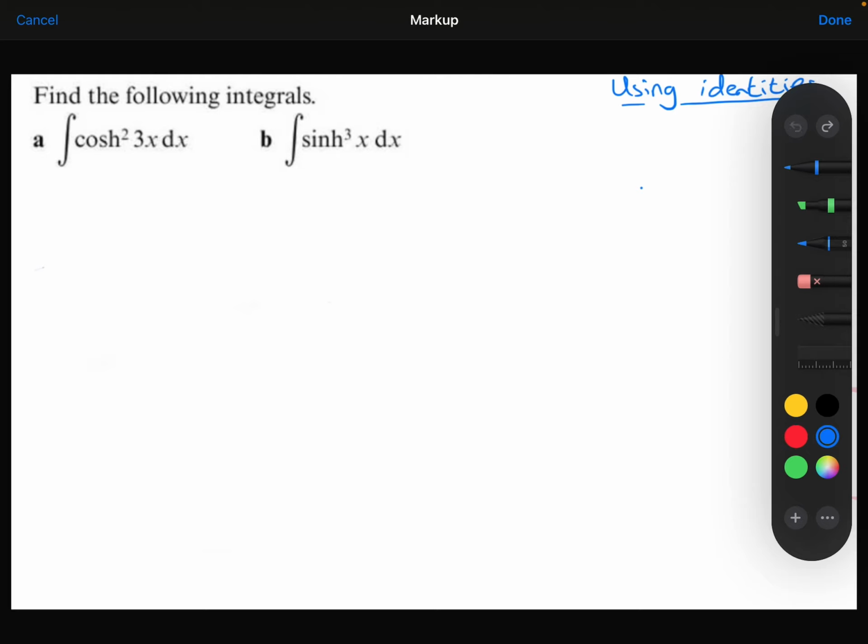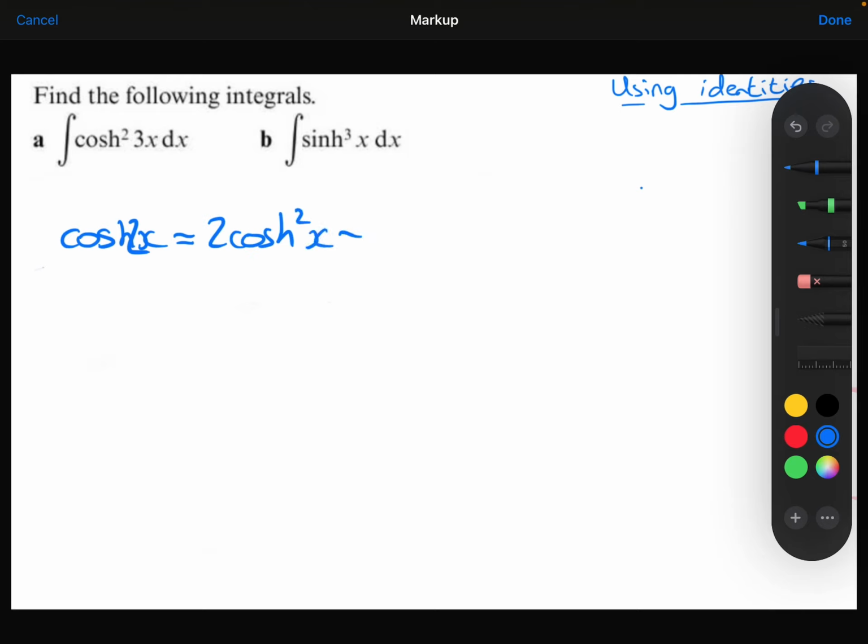If I want to integrate cosh squared, I'm going to use the cosh double angle formula. So the cosh double angle formula, remember, from, I think, the third video of this series, cosh 2x is equal to 2 cosh squared x minus 1.